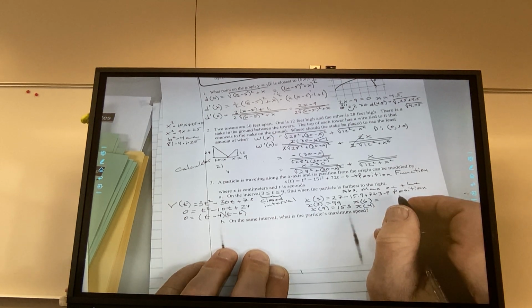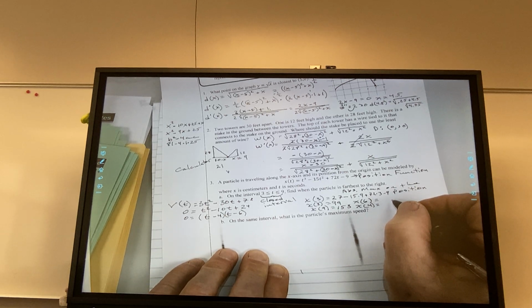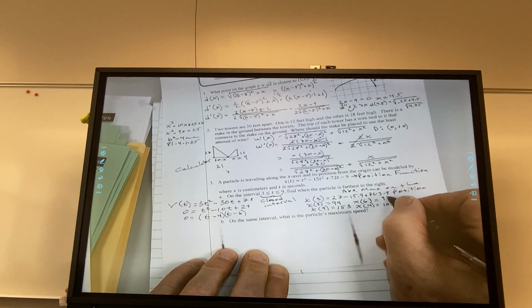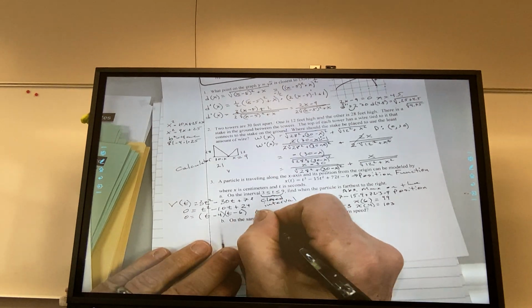When I put in 4, I got 103. And when I put 6 into there, I got 99. So when is it farthest to the right? T equals 9 seconds.